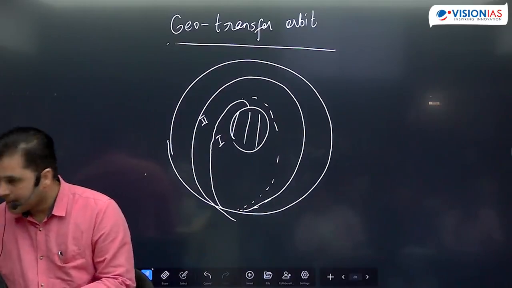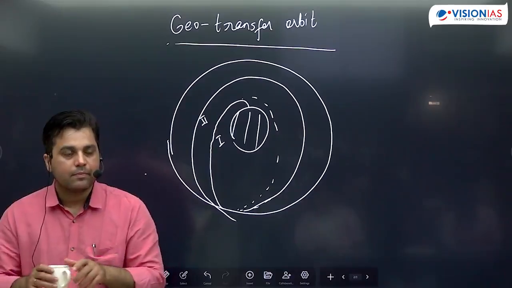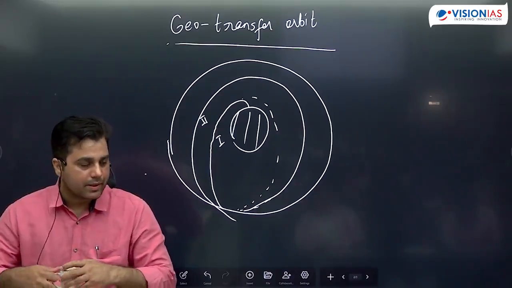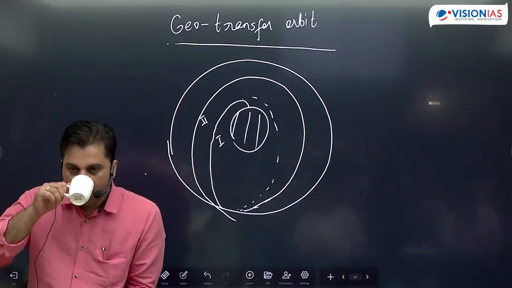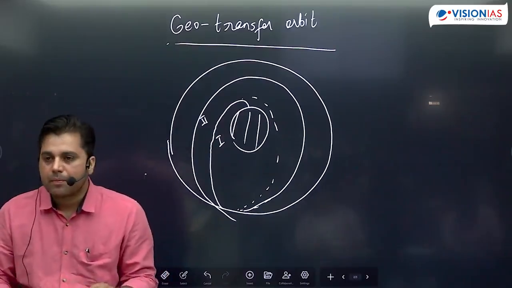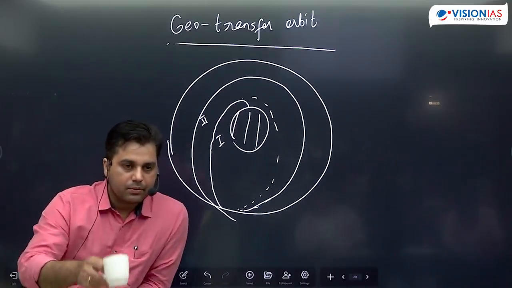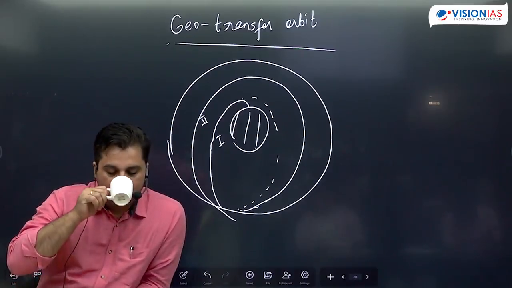When the satellite reaches to its perigee or apogee, a boost is given to raise the orbit.